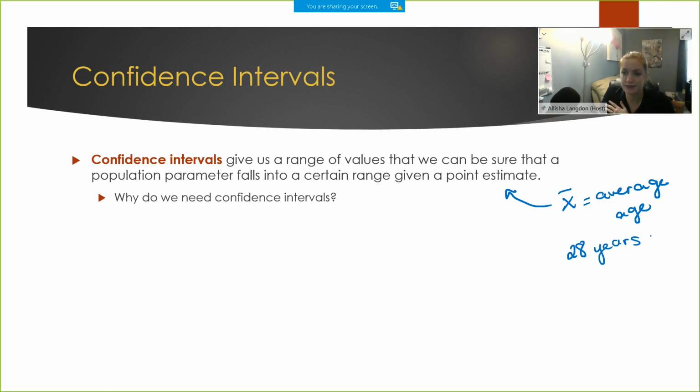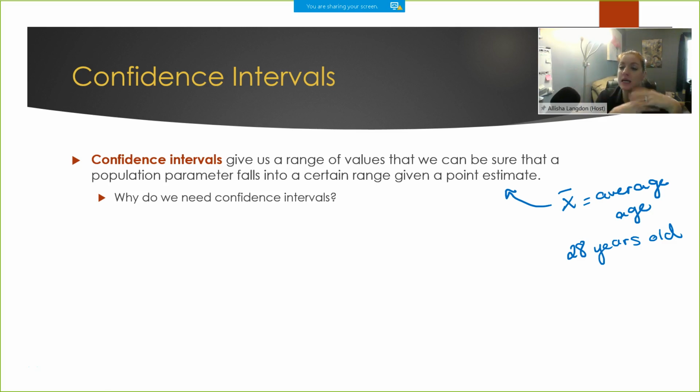That's my guess. I want to apply that to my entire population, but I can't just say that everybody at Rasmussen has an average age of 28. I don't know that because I haven't surveyed everybody in the population, just my little class. So I have to construct this confidence interval to be sure that my actual mean age is within a certain range.